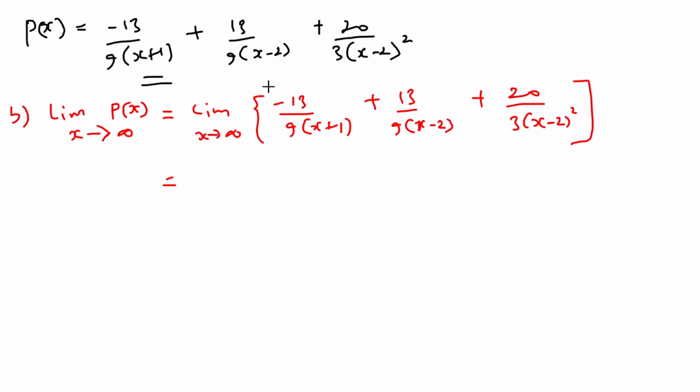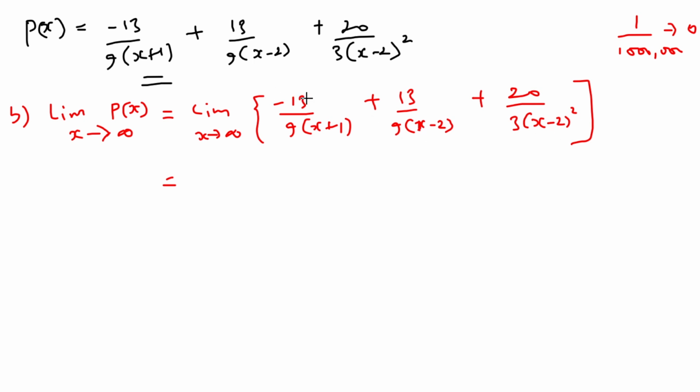Because we have control over this value of x, because we know when we have x in the denominator, as the value of x becomes too big, just imagine we have 1 over maybe a million, this value tends to 0. It becomes very small that we can approximate it to 0. So this is what will happen to this, and also this.